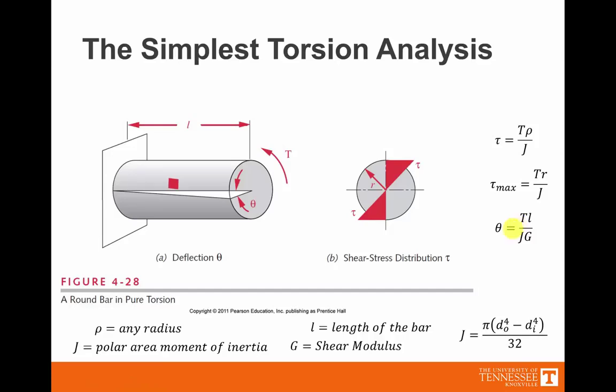And a couple other things, if we look at a round hollow bar, J is known to be this: the diameter of the outside to the fourth minus the diameter of the inside to the fourth, over 32, so I can plug that in for J. Obviously, if the inside diameter goes to 0, this term disappears, and so for a solid circle, J becomes pi d to the fourth over 32. It's probably something you should memorize.